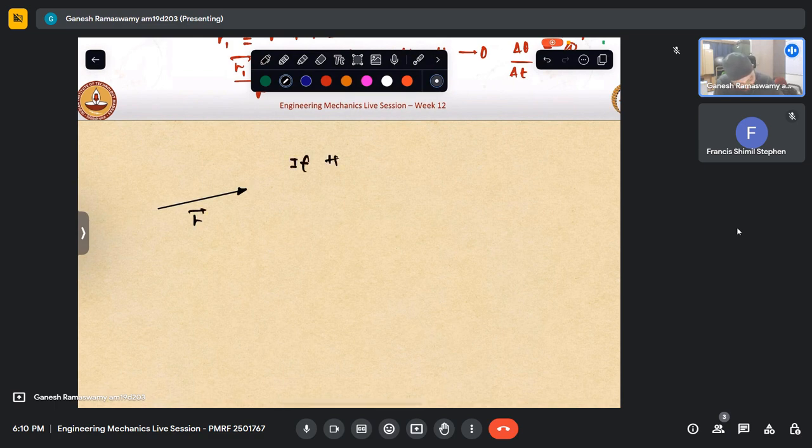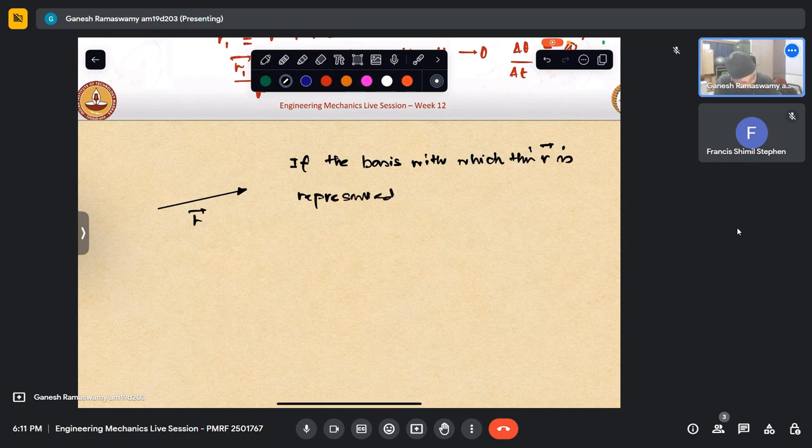If the basis with which this r vector is represented rotates with some omega, then r dot, the whole vector: first r will be represented by r n cap.